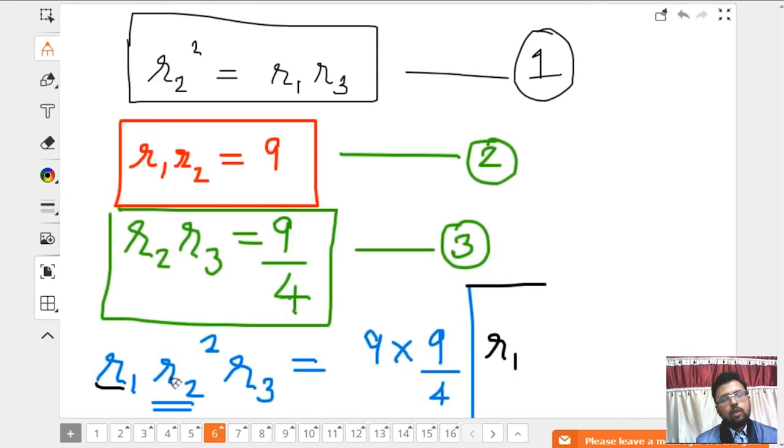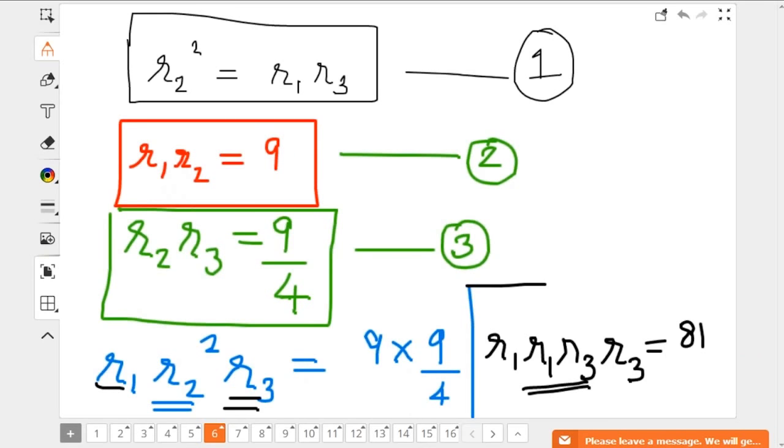Okay, into what was R2 square? R1, R3. Okay, we are substituting for R2 square, yes. Okay, into R3 is equal to 9 into 9 by 4, that is 81.